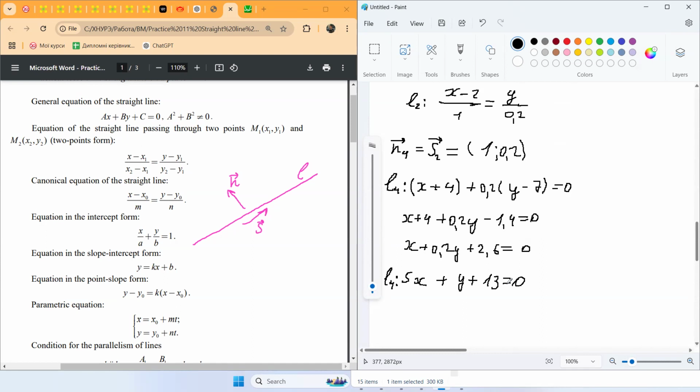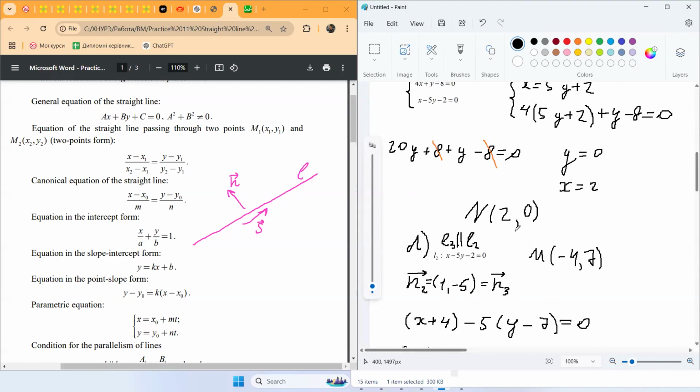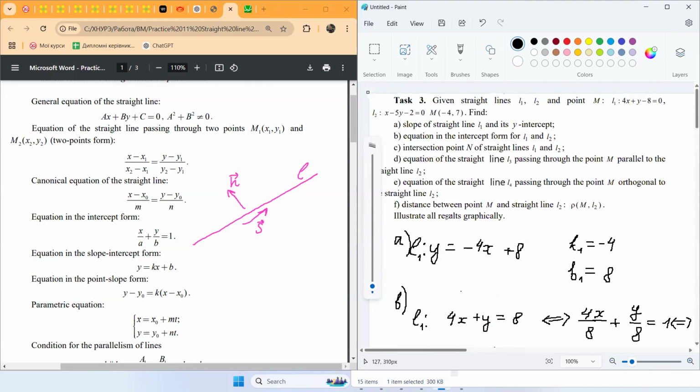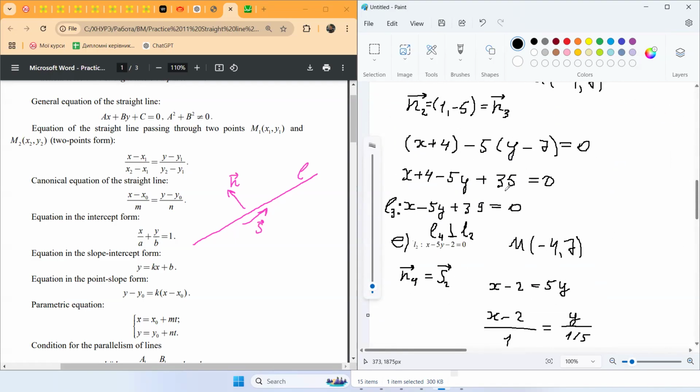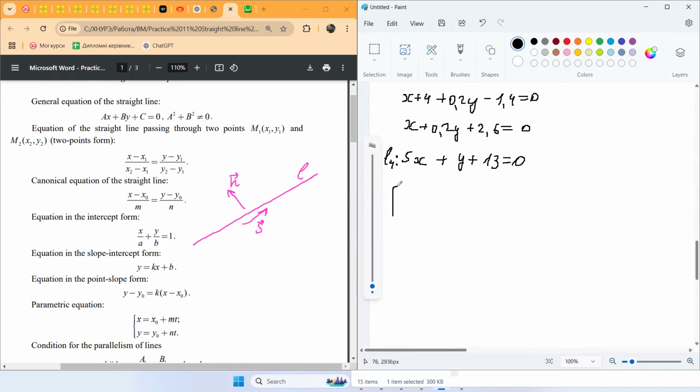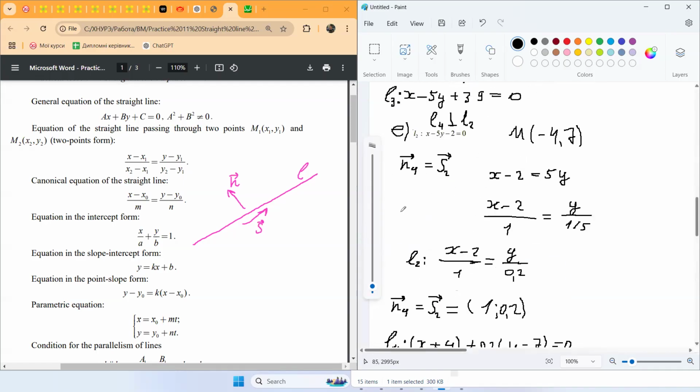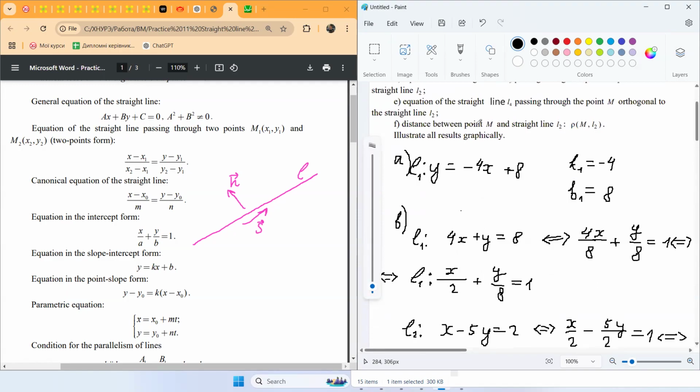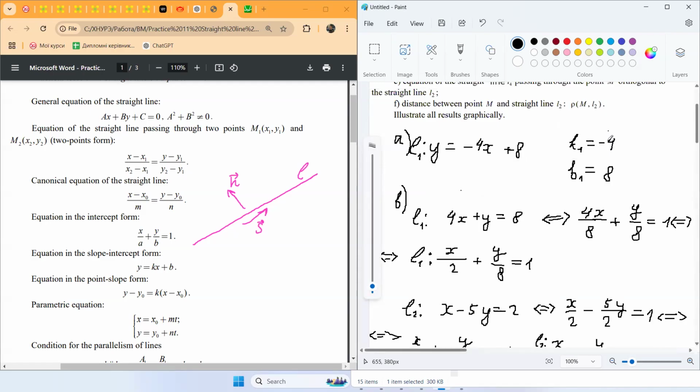No questions. Okay, so now moving to section F. We need to find the distance between point M and the straight line L2.